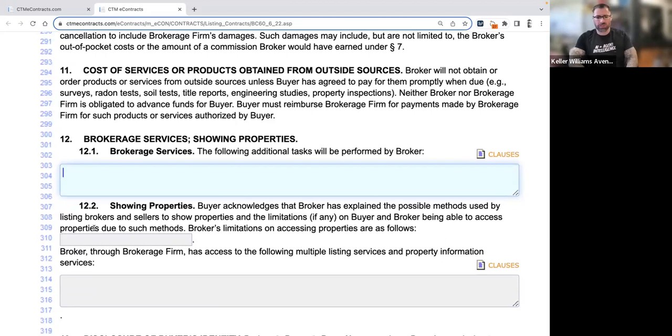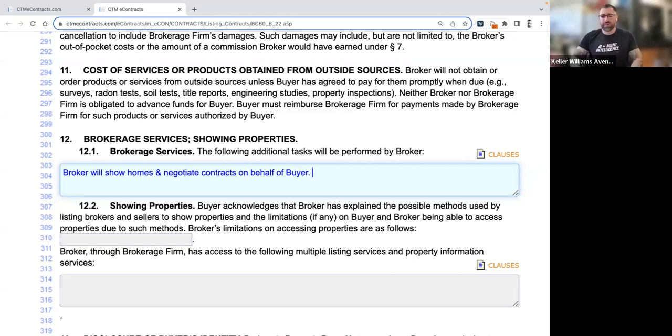I would say under brokerage services, broker will show homes and negotiate contracts on behalf of buyer. Don't get cute with this kind of stuff. I'm going to show you homes and I'm going to negotiate contracts.